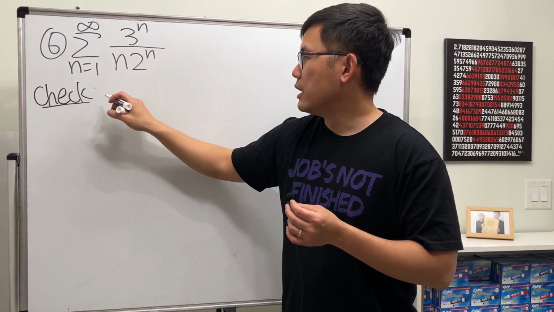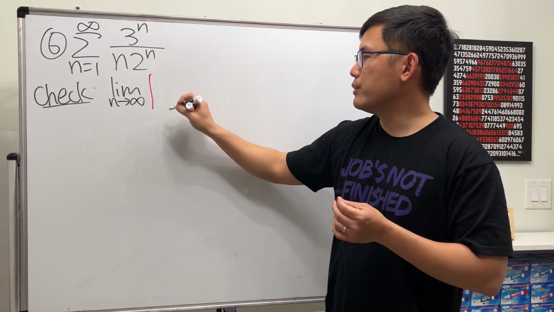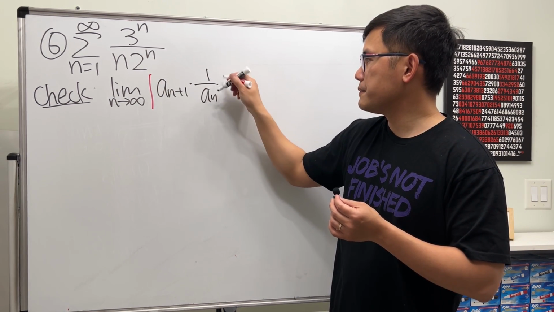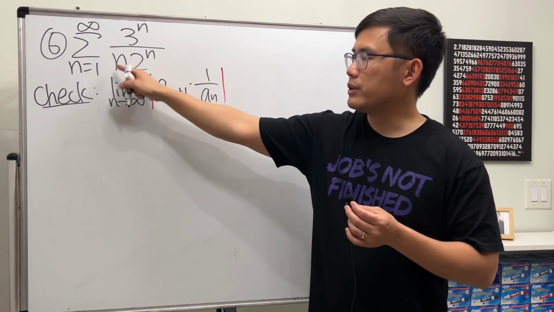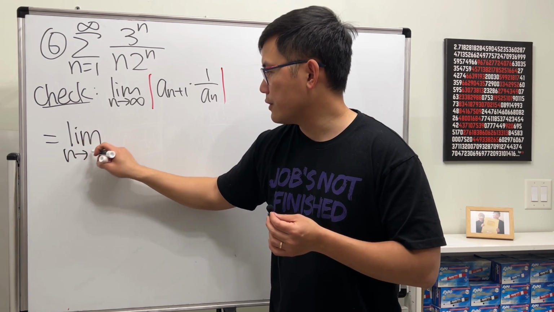We check the limit as n goes to infinity, absolute value of a_{n+1} times 1 over a_n. Alright, so I'm going to just put n plus 1 into all the n's. So this is the limit as n goes to infinity.